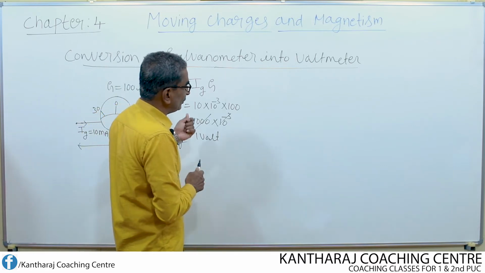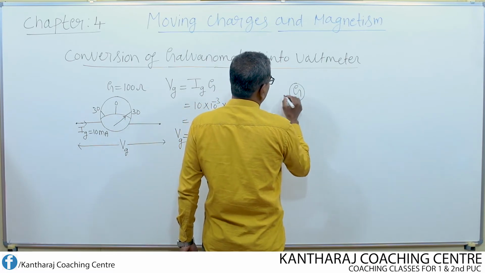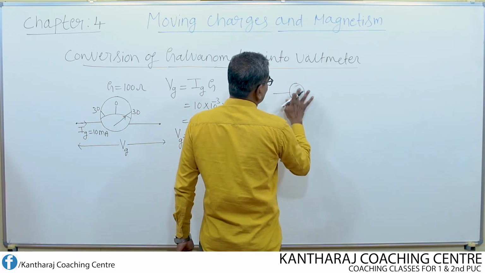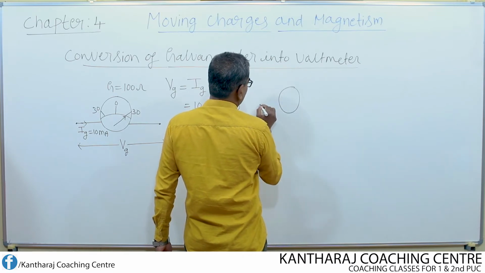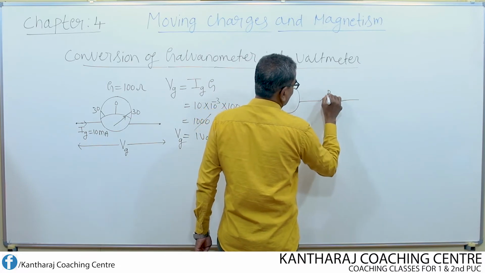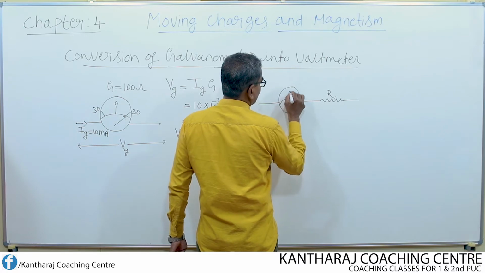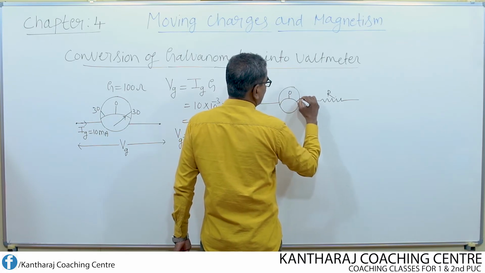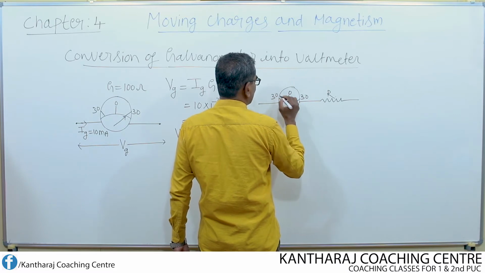All that we need to do is this, for this galvanometer, if we connect one high resistance R in series with it, let us consider this as usually 30 and as well as 30.